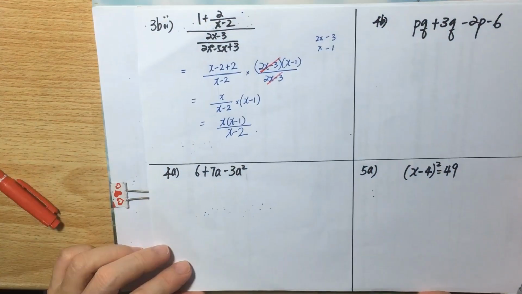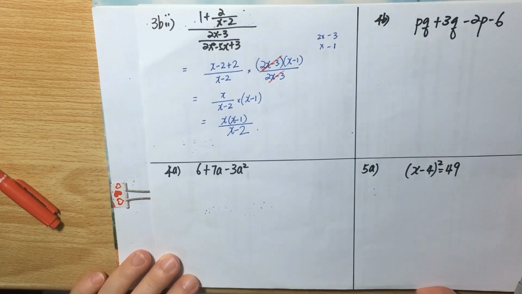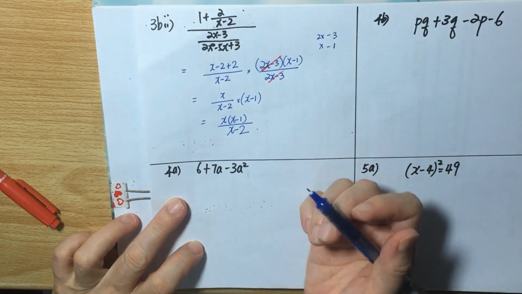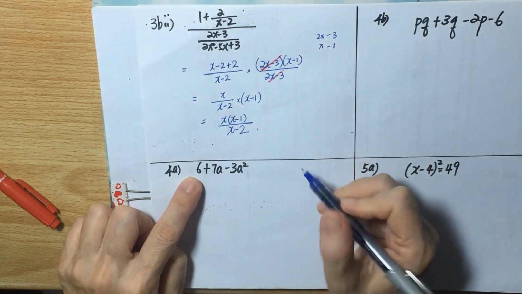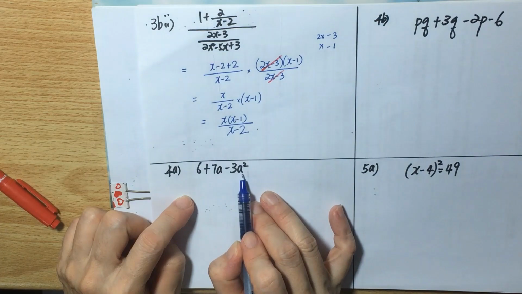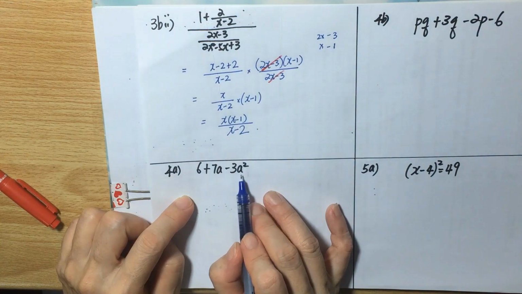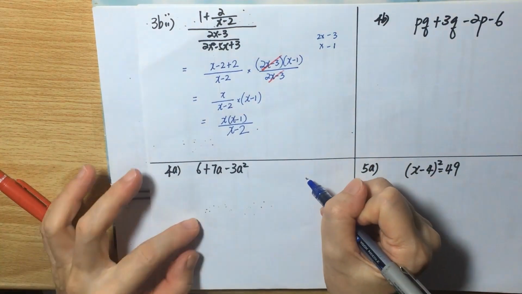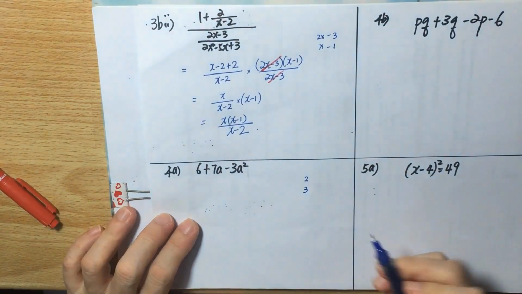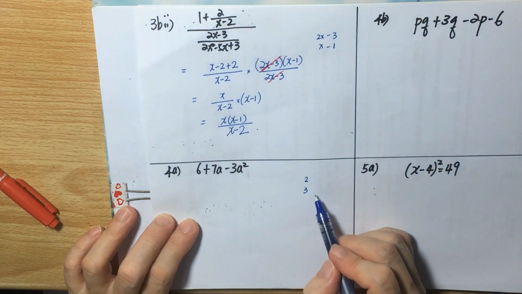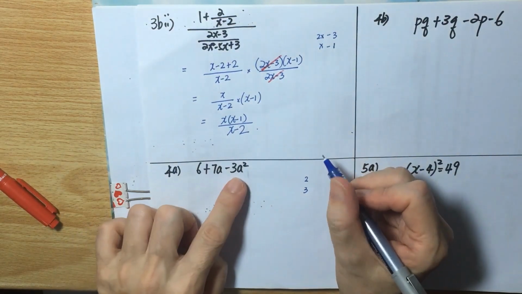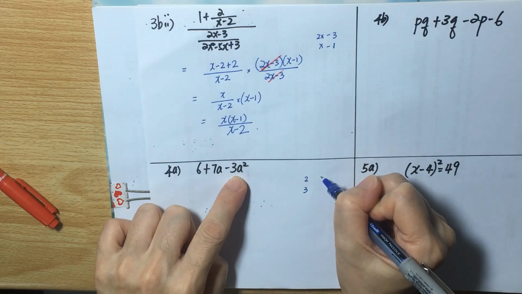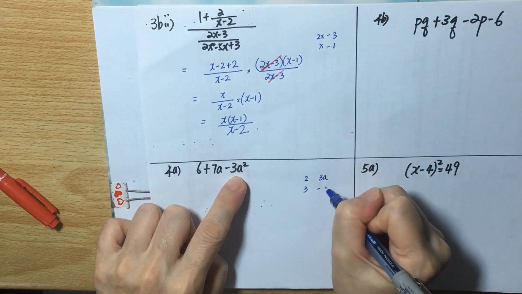Question 4a. To factorize an expression like this. Okay, can you see that it's already arranged with the a squared, a and then constant term? So it's the other way around. So I'm going to do this. 6 is 2 times 3. And then this negative 3a squared, can I put it to be 3a and negative a?